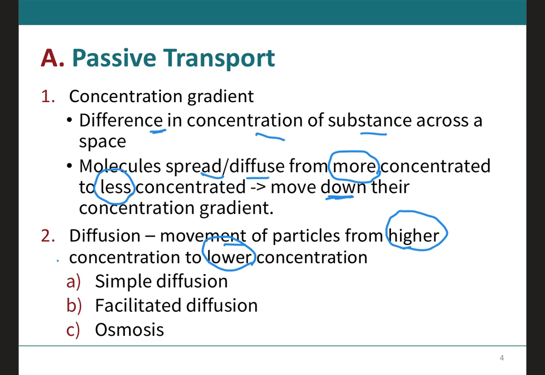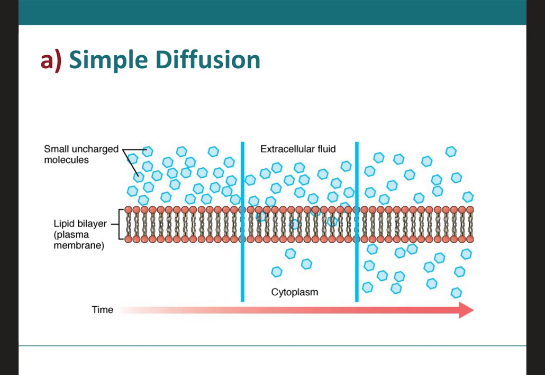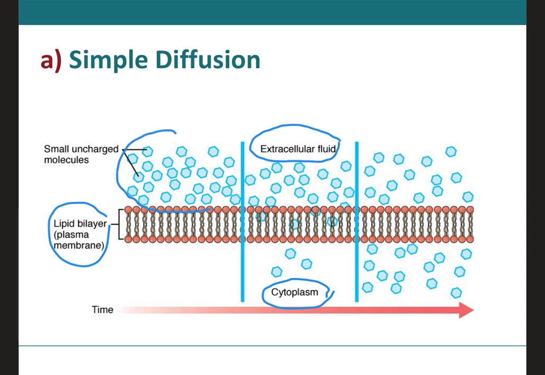Now, diffusion can be divided into three types: simple diffusion, facilitated diffusion, and osmosis, and we will cover those in the next few slides. So here we have the lipid bilayer. This part is the outside of the cell, the extracellular fluid, and in here is the inside, the cytoplasm of the cell. Notice how you have all these molecules that are small and uncharged.